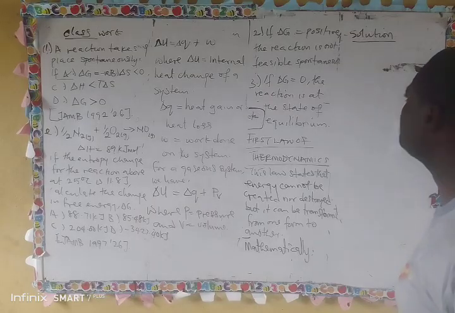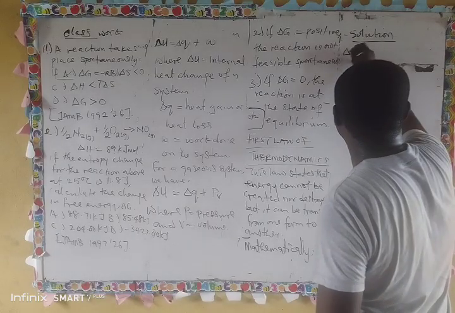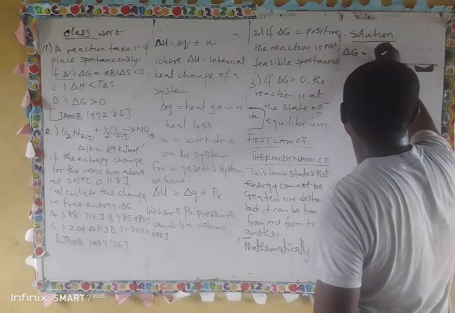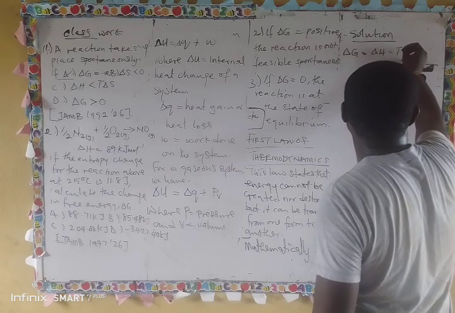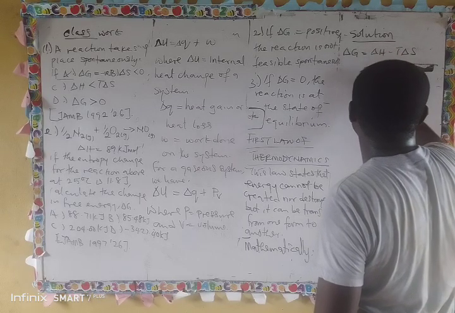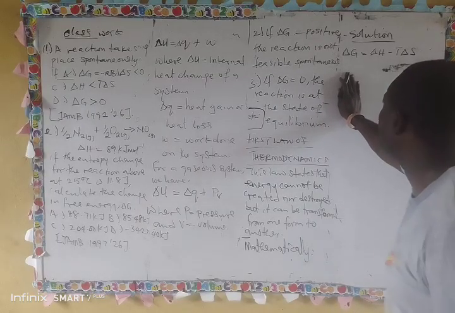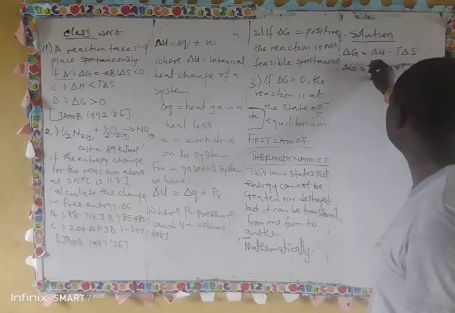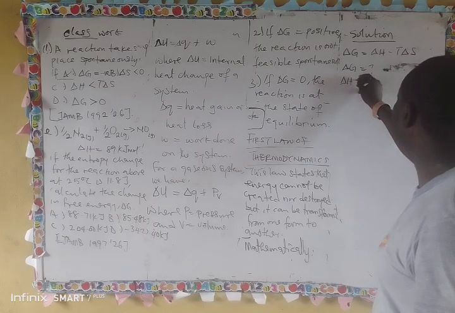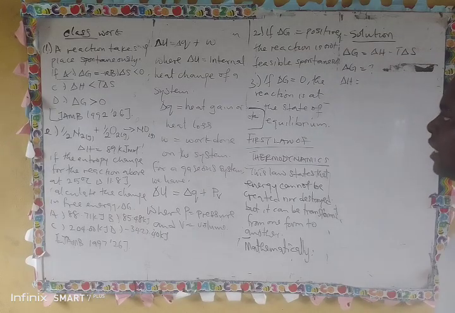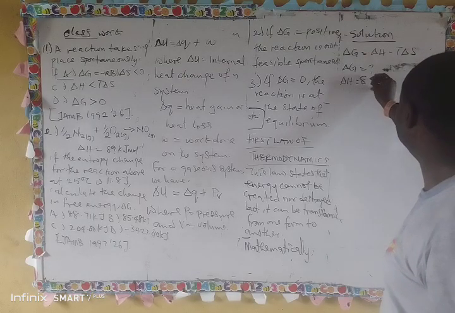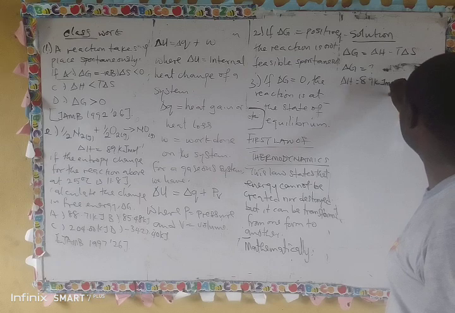We have delta G equals delta H minus T change in S. This is the relationship, remember? Then what did they give us as delta G? That's what they say we should find. We don't know it. What's our delta H there? 89 kilojoule per mole.